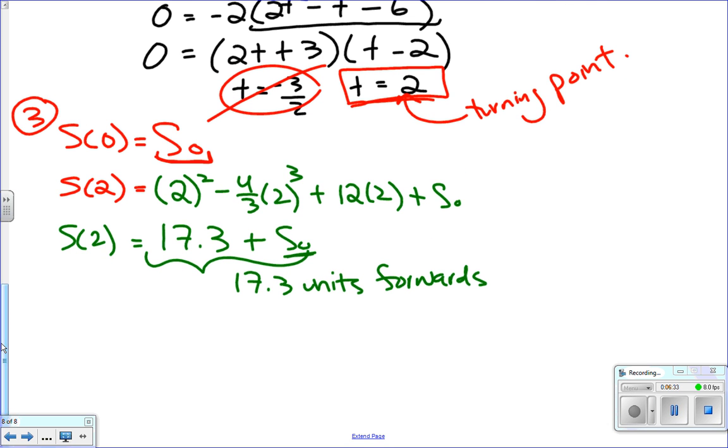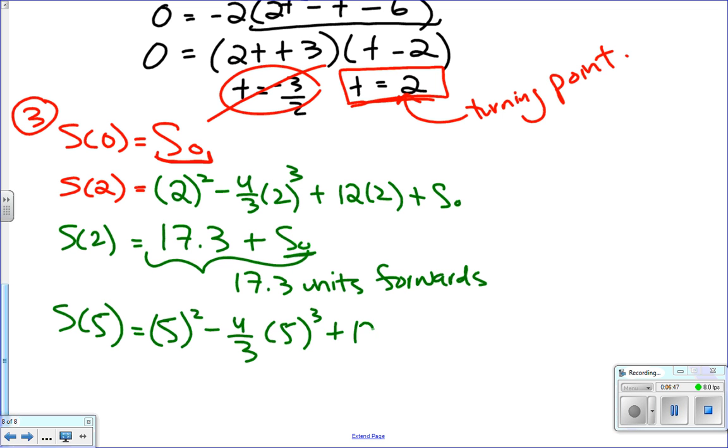Let's figure out the distance at 5 seconds. So that's going to be our endpoint right here. If I put in 5, I'm going to have 5 squared minus 4/3 times 5 cubed, plus 12 times 5, plus s naught.